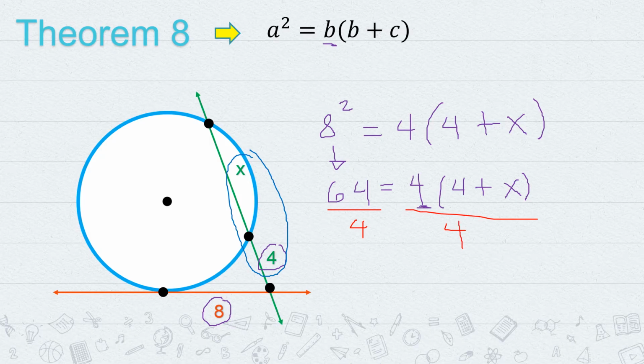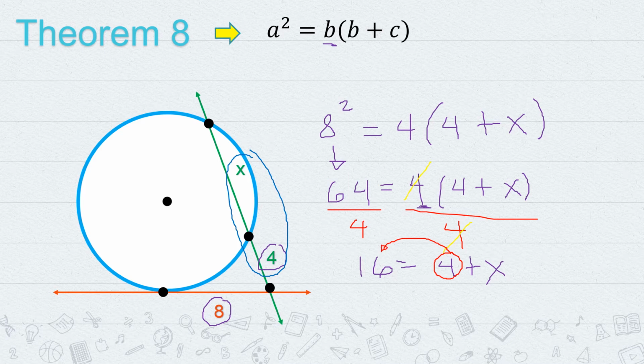Okay, so cancel out 4. Therefore, what will be left now on our right side is 4 plus x, because we already cancelled out 4. While on the left side, 64 divided by 4 gives us 16. Next thing, we are to transpose this constant term to the other side of our equation.